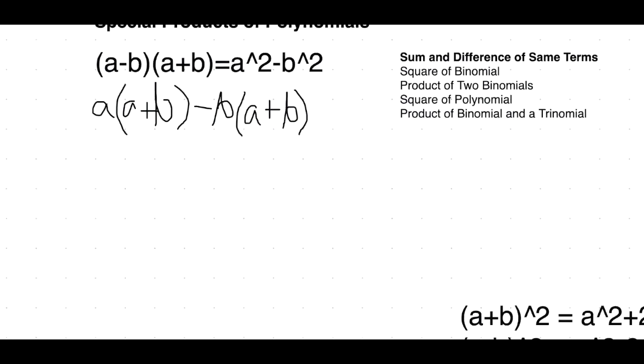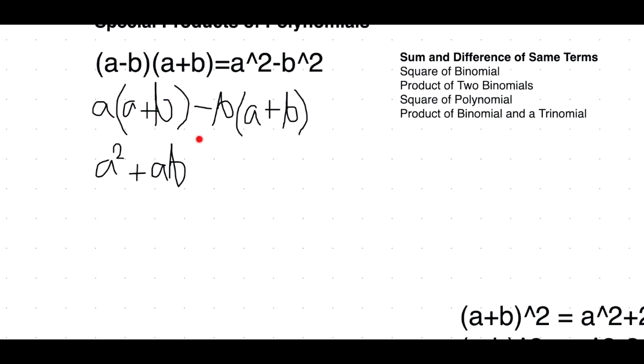So a times a, that is just multiplying the term by itself, so that's a squared. And then a times b, that's obviously ab. Okay, so we finished with a multiplied by this bracket. Now let's move on to minus b times a.